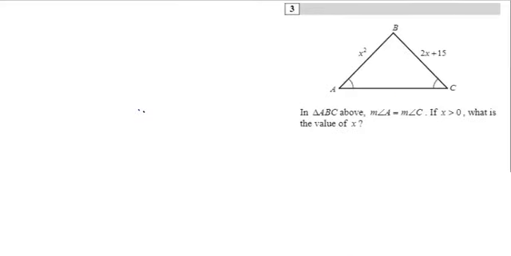Moving to the next question, as you can see here, in the triangle ABC above, angle A and angle C are equal, which means triangle ABC must be an isosceles triangle because the base angles are equal. So we can say x square, that is side AB, must be equal to 2x plus 15.